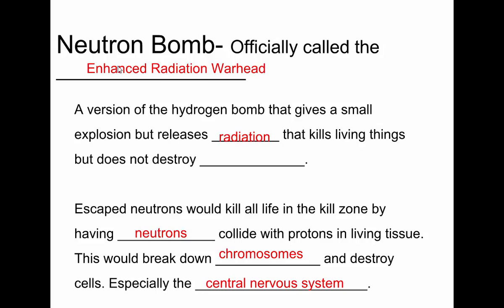Therefore, it kills living things around the blast radius, but does not level a city like a fission bomb would, or a typical fusion bomb. The neutrons that escape from the neutron bomb collide with living tissue, they break down chromosomes and DNA, they destroy the central nervous system. It's very deadly to people and living things.